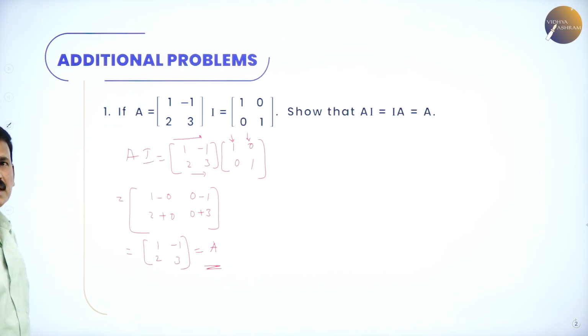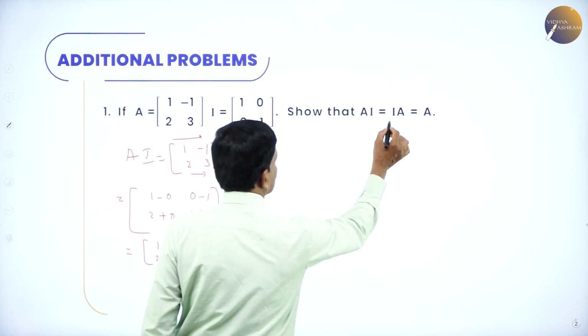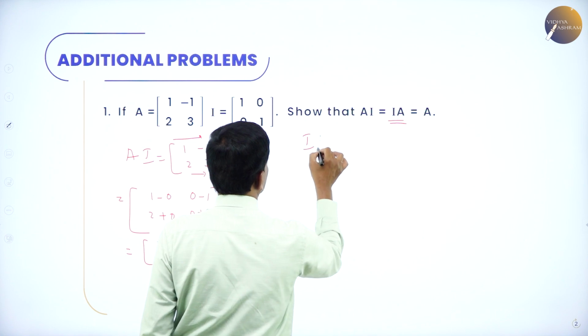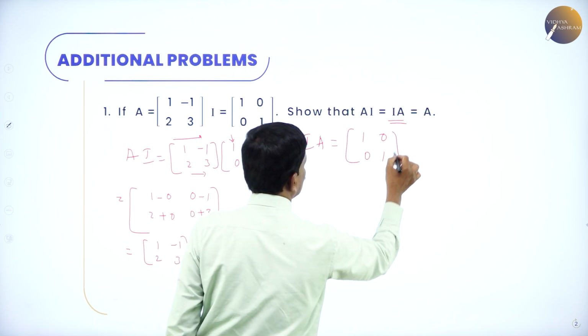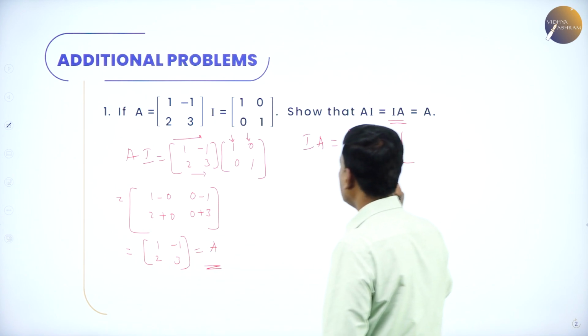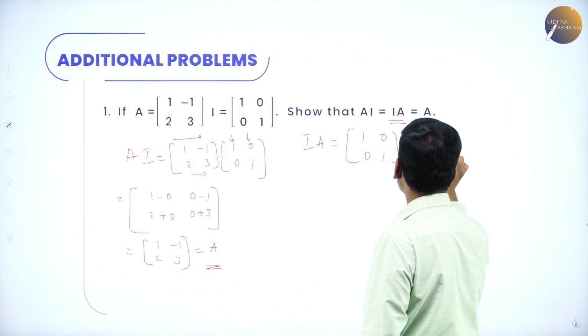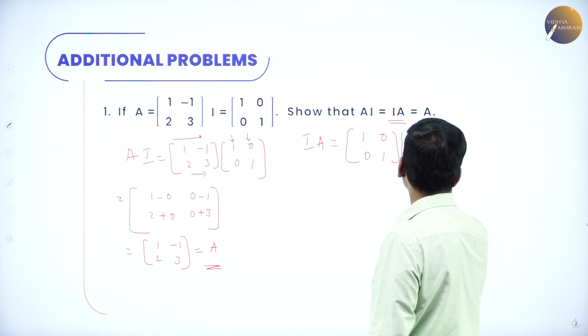So, if I multiply any matrix with an identity matrix, I will get the same matrix. Similarly, on the other hand, let us find out I into A. What is I? [1, 0; 0, 1] into A. What is A? [1, minus 1; 2, 3].